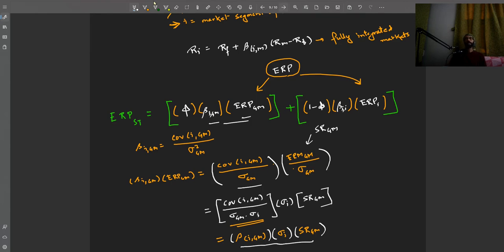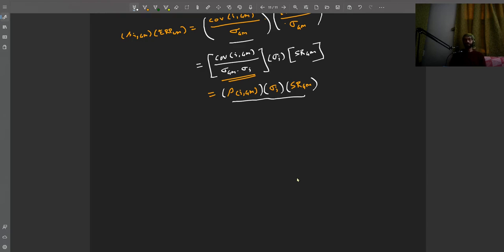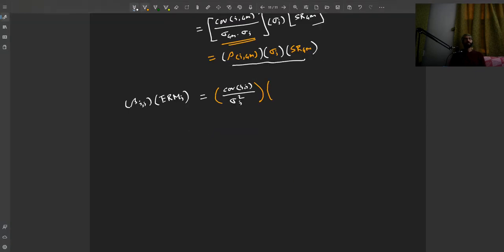Now the second one can also be modified, friends. The second one will look like this. Now the second expression had these terms. Let me write them. Beta of I with respect to itself multiplied by equity risk premium of I. Now this is equal to, if you write it in the brackets, covariance of I with respect to I divided by variance of I, and the second expression is equity risk premium of I. Right?